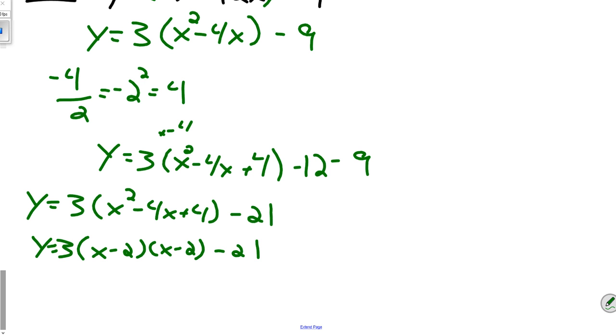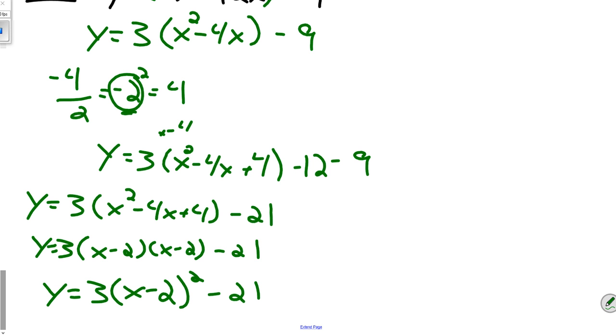It's always going to be the same number in both brackets, and it's always going to be whatever your b value divided by 2 was. So whenever I get to this point, I look at what I have up here for my b value divided by 2, and I just write that was minus 2: x minus 2 squared, minus 21. I don't go through and factor the brackets now.